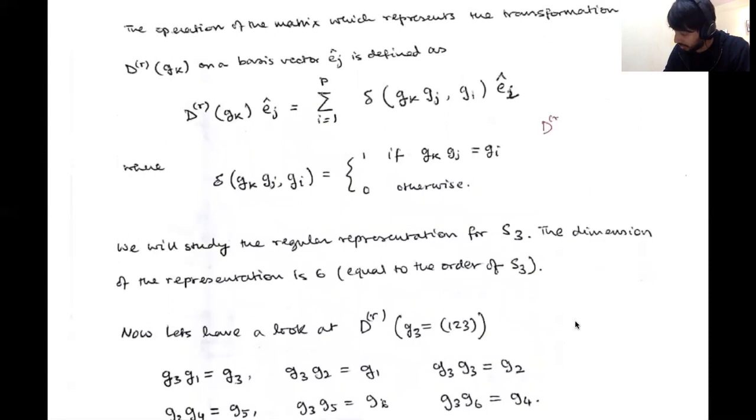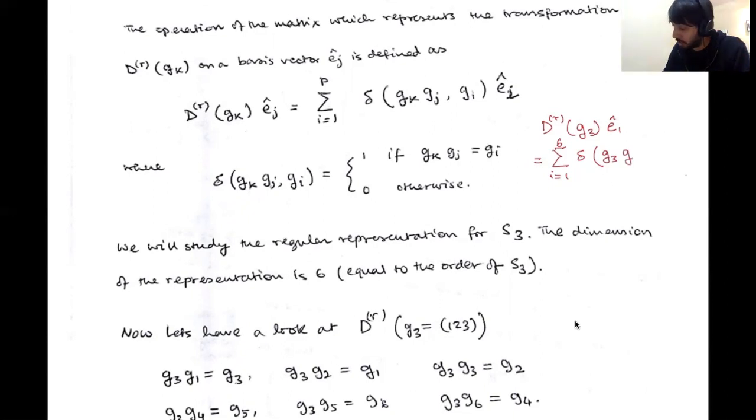So dr of G3 acting on E1, what is this? This is the summation over I equal to 1 to 6, because P is 6, of delta of G3 GJ comma GI.